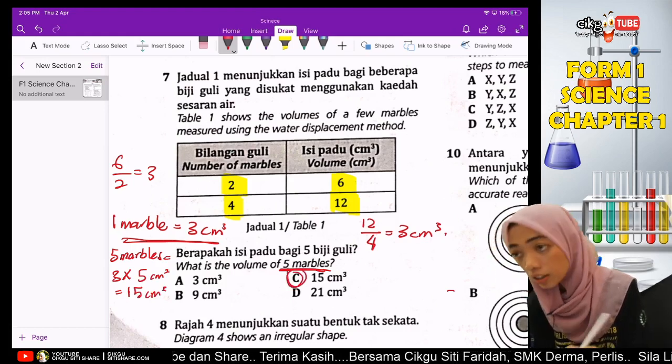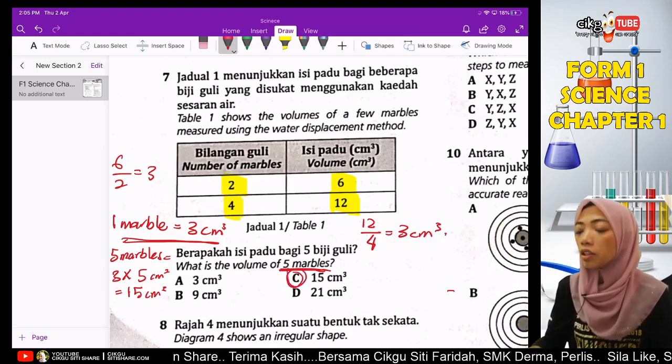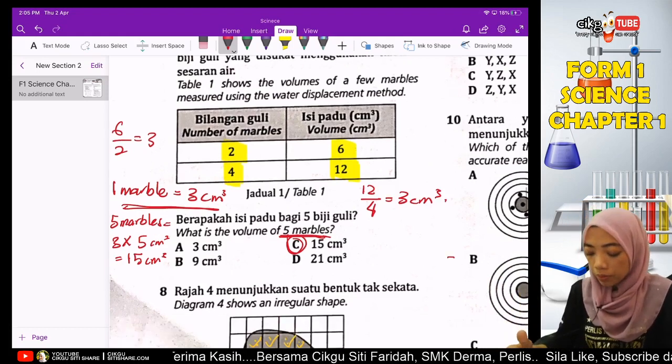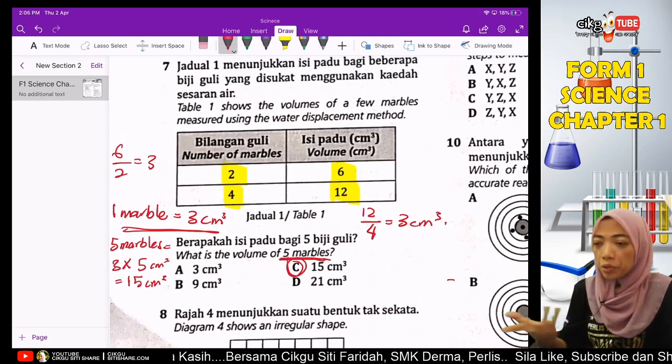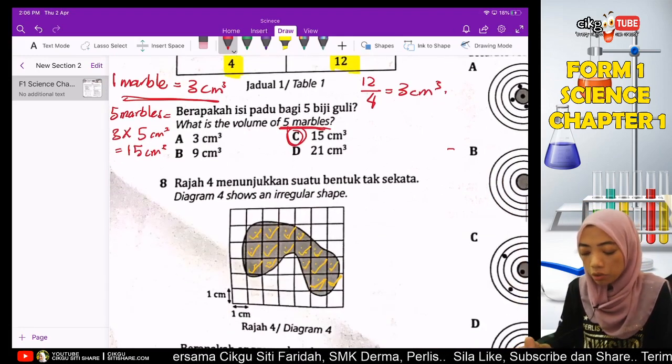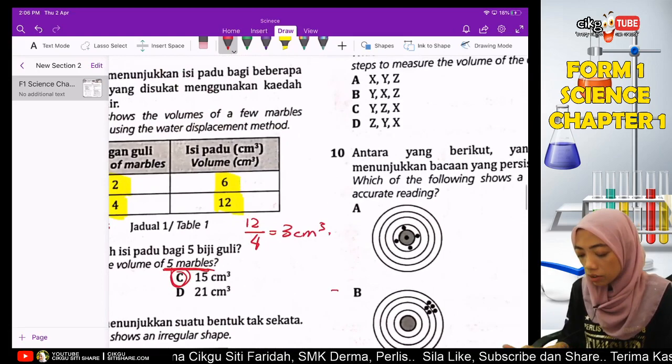The answer is C. Okay, in your books, please show how you get the solution. Write down the calculation there. I want you to write down the calculation there. So number 8.